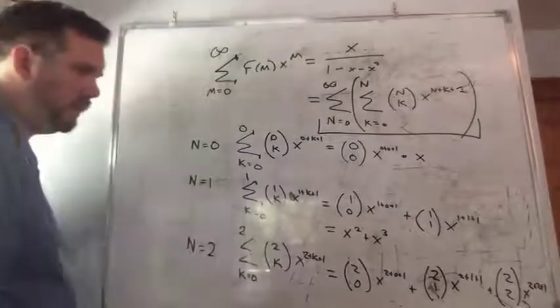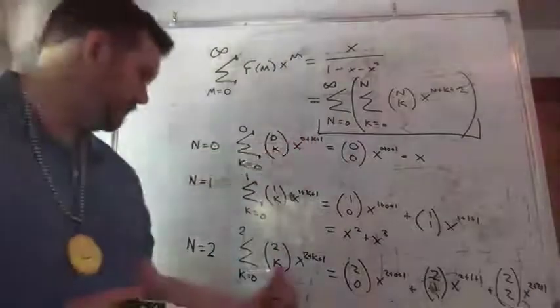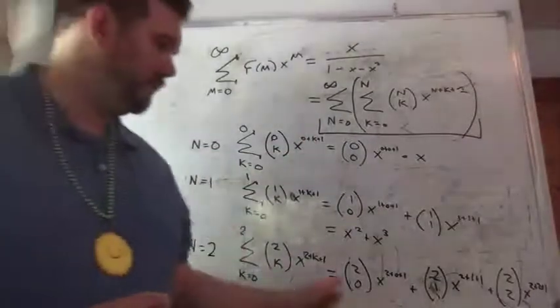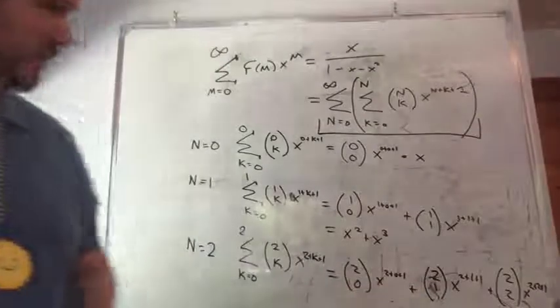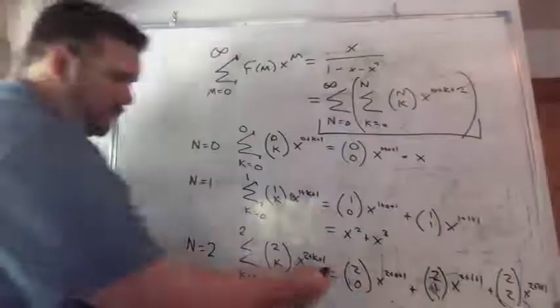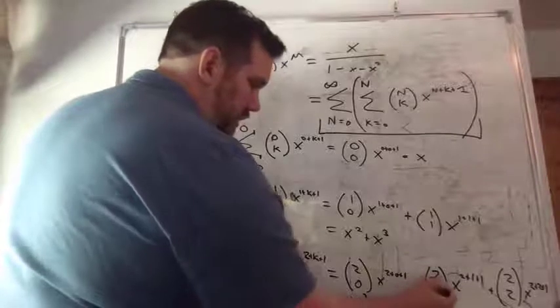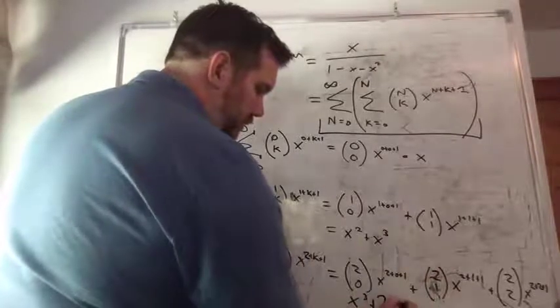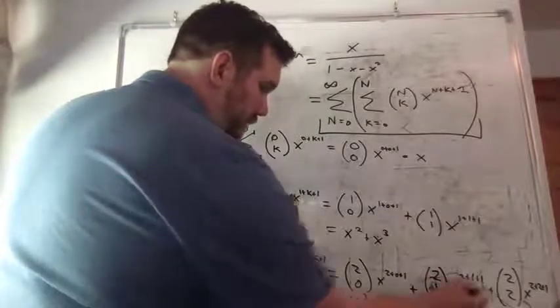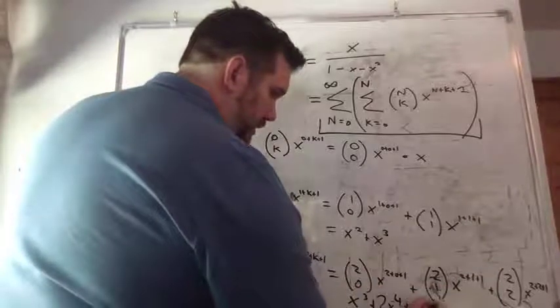So far, up to n equals 2, I have gotten 6 terms. And if I simplify them, this would be x cubed plus 2x to the 4th plus x to the 5th.